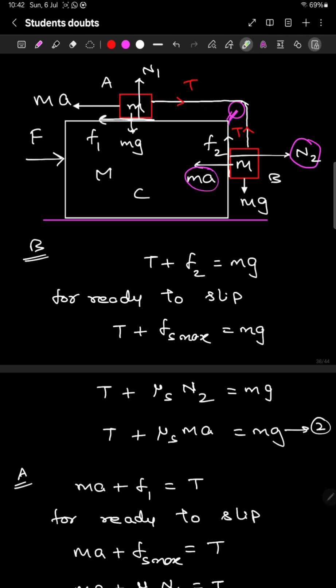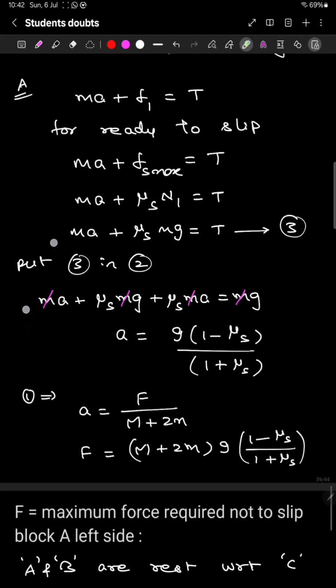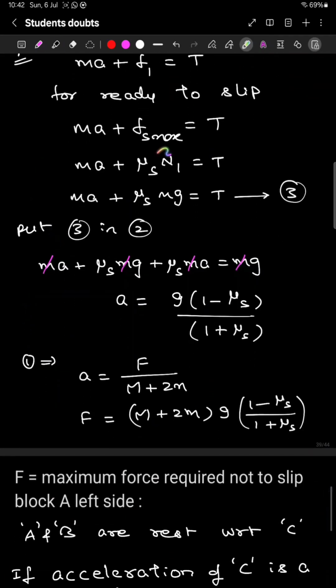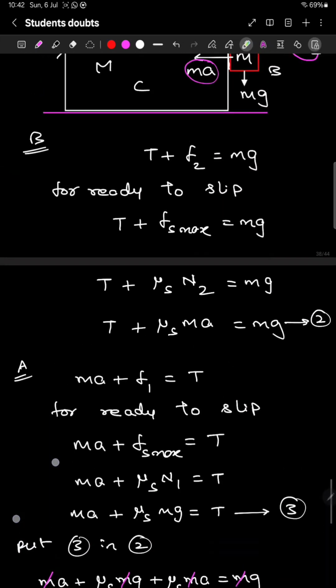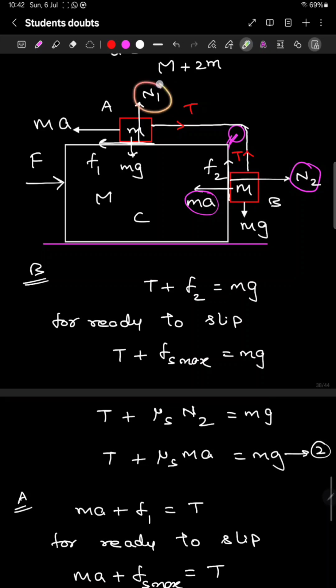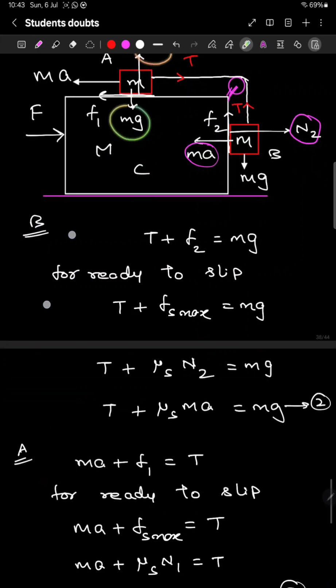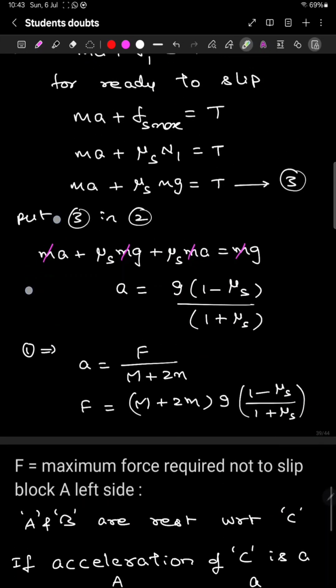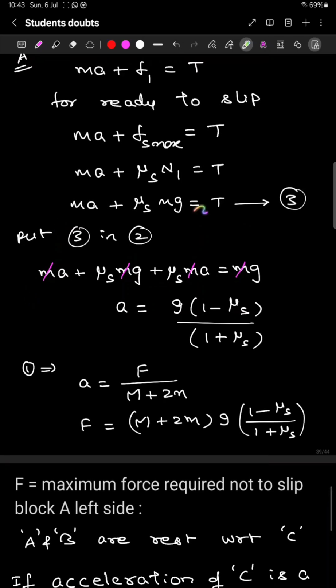Remember carefully, we are applying the minimum force, that means minimum acceleration, not to slip right side, not to slip downwards. That means in the ready to slip case, we should take this friction maximum only. Now the Fs maximum formula was mu s into normal reaction. At this point the normal reaction is mg, substitute as it is. Now this will be equation number 3.